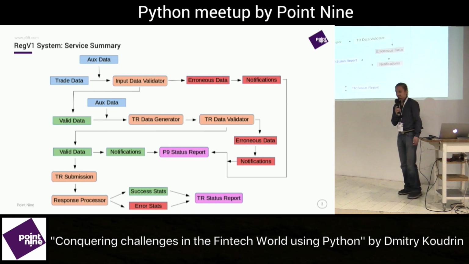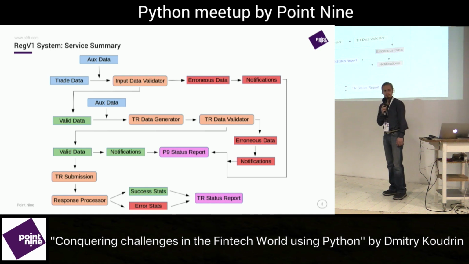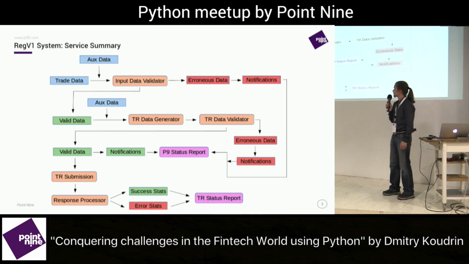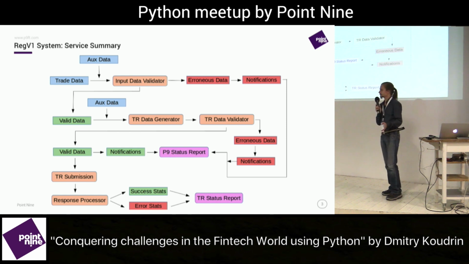Okay, here is our system as seen by our clients. I won't show the complexity shown by Pavlos. It's how our clients basically see us. So they send us trade data, and they send us some auxiliary data which might be related to either prices or users that actually perform the trades. We call them users, but those are clients of our clients.